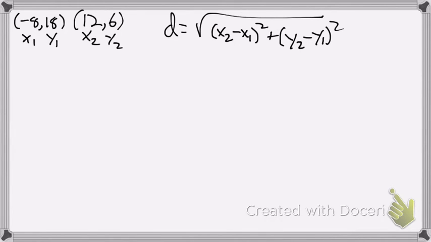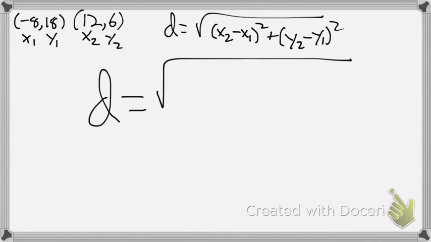So now that we have our x1, y1, x2, y2, we have our equation. Now all we have to do is plug things in. So we go distance equals the square root of, we put that open parentheses there, we see that x2 is 12. We look over, see that x1 is -8, and we make sure we put our square right there.